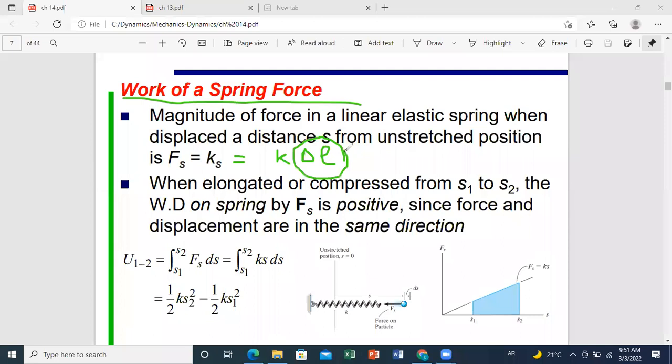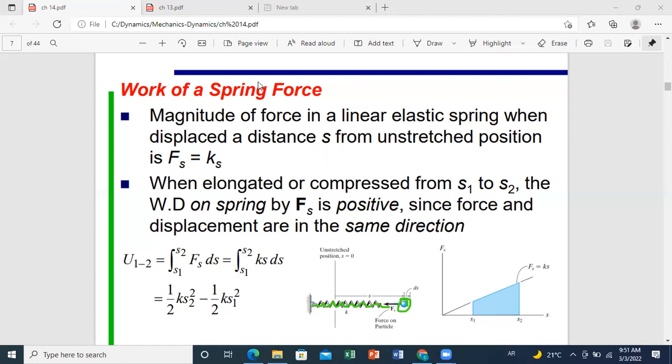So here we'll try to develop a general formula for the work of a spring force. Now, we should always understand that first we should specify our system and then determine the work of the force. For example, if you have a ball and a spring, you can consider the action of the ball on the spring, and by action-reaction, the action of the spring on the ball will be opposite.